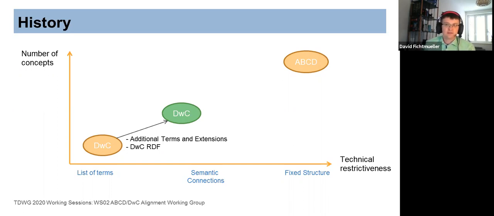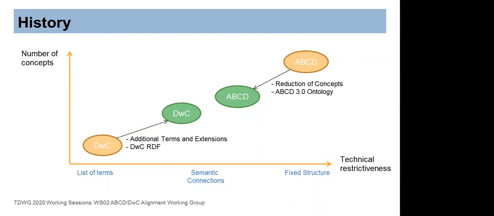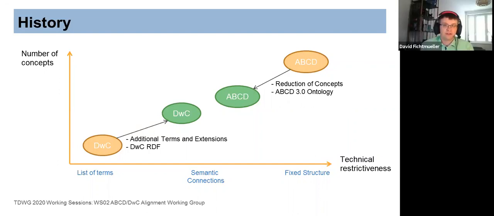On the other hand, with the ABCD3 project, we try to reduce the number of concepts by breaking up this XML structure and reusing individual concepts, and also doing some cleanup where we realized over time that ABCD was a bit over modeled, a bit over engineered, and we now have an ABCD3 ontology that is a bit more flexible. It uses semantic structures independent of the XML structure.